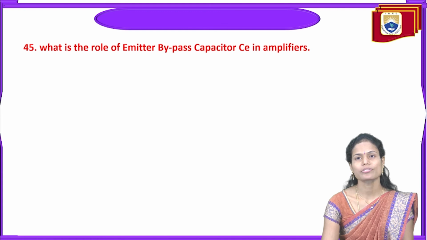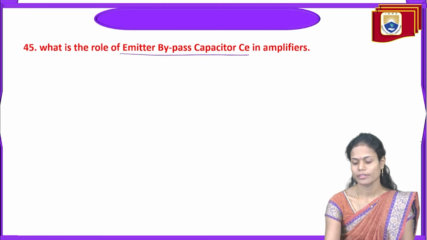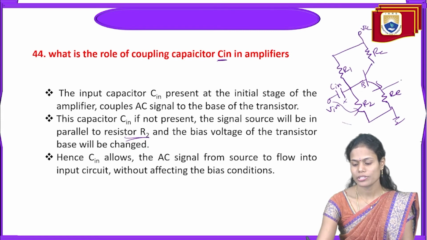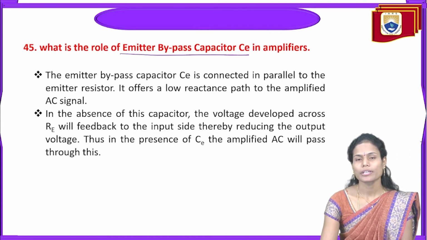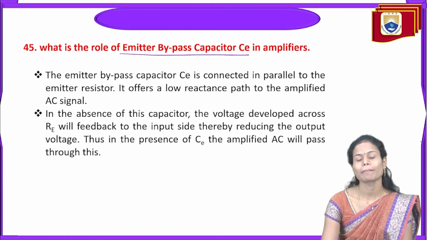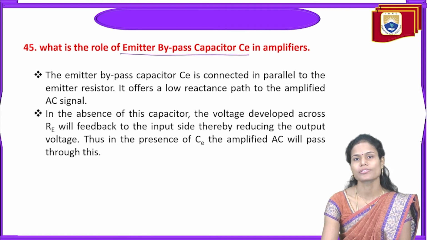And next, what is the role of emitter bypass capacitor Ce in amplifiers? So this emitter bypass capacitor will be available here, Ce. The emitter bypass capacitor Ce is connected in parallel to the emitter resistor. So it offers a very low reactance path to the amplified AC signal.